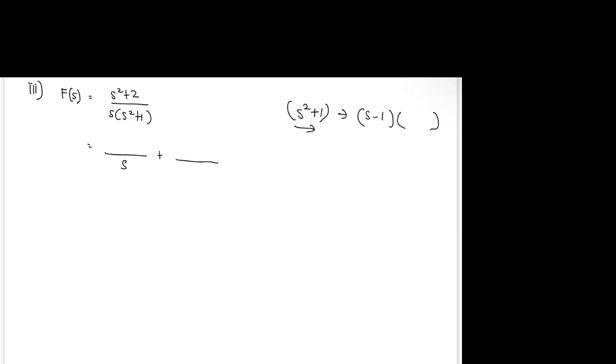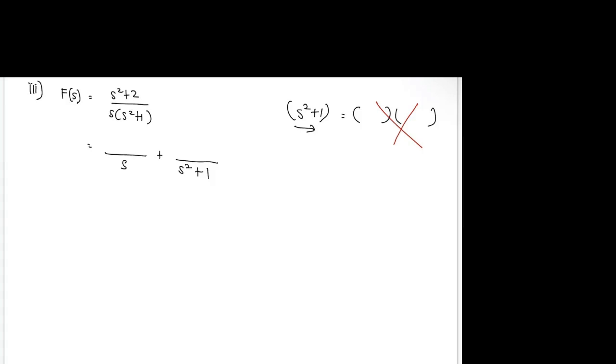If it were s minus 1, s minus 1, you get s square minus 1. This one, s square plus 1, you don't have any factorized form. So we are going to write this as s square plus 1, because you cannot simplify it into a simpler form.